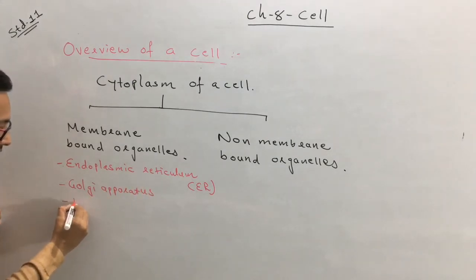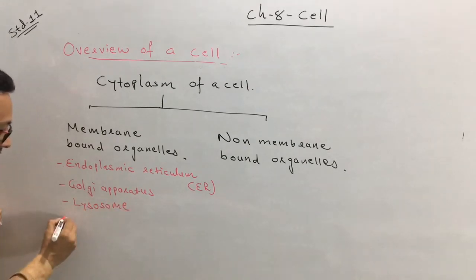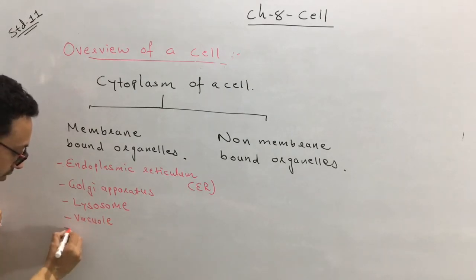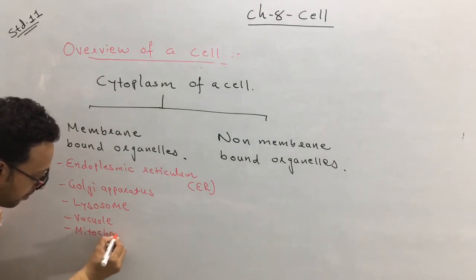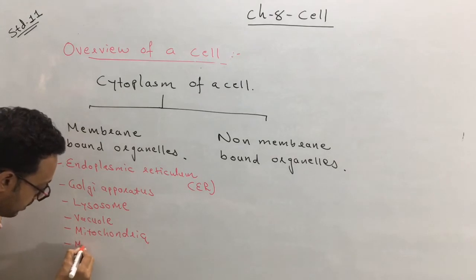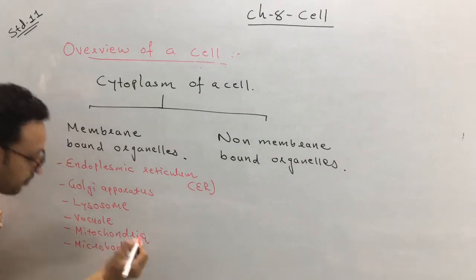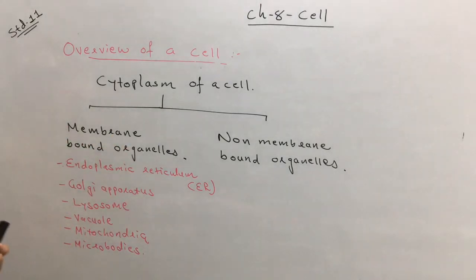Third one is lysosome. Fourth one is vacuole. Fifth one is mitochondria, and the sixth one is microbodies. These all are membrane bound organelles.